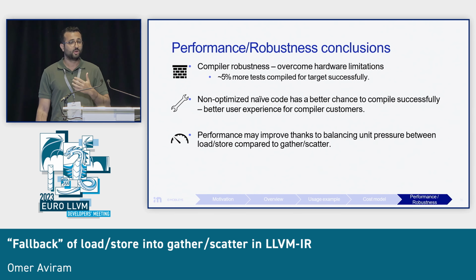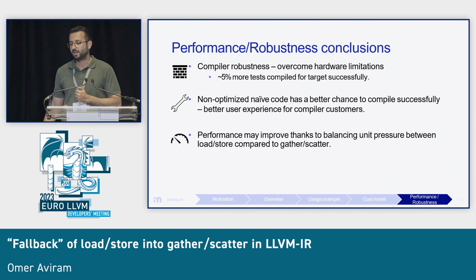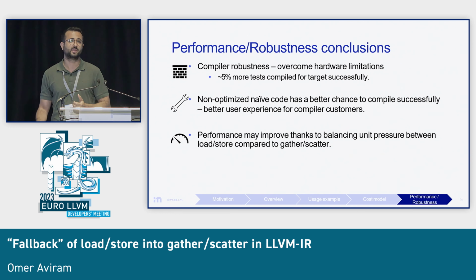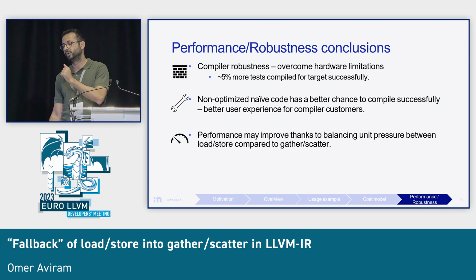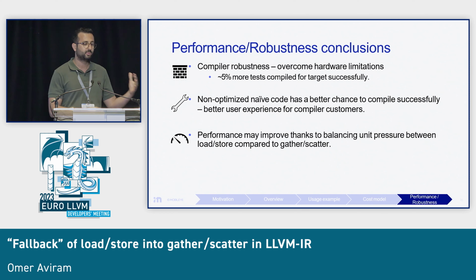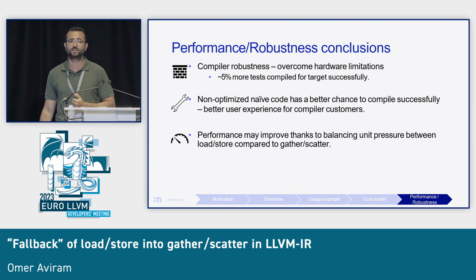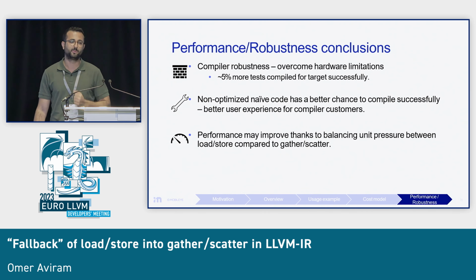And it also helps developers that in the beginning try to write pretty naive code examples that are not fully optimized. So instead of getting an error like you exceeded the amount of hardware resources, they will just get a warning that the fallback has occurred, but they can still continue the compilation and verify their results, and only on a later stage they can optimize their code for performance.